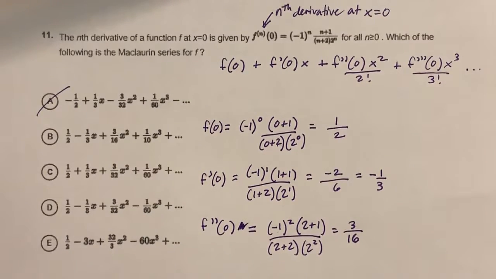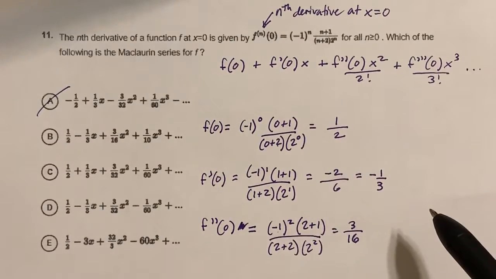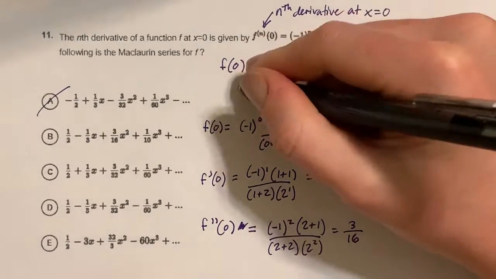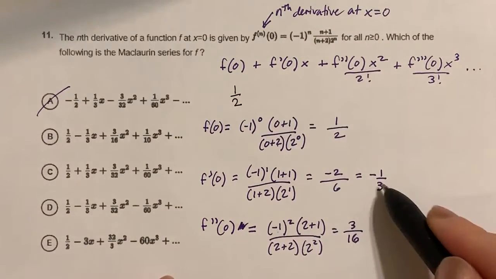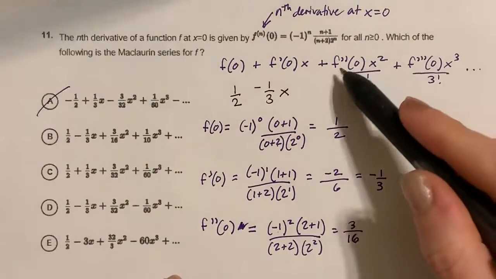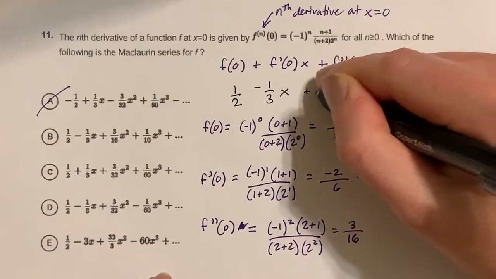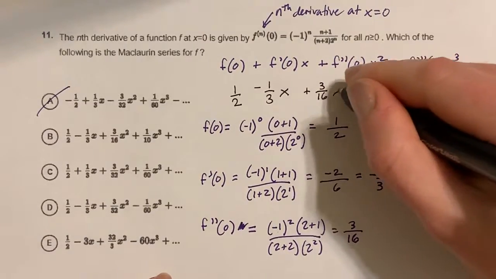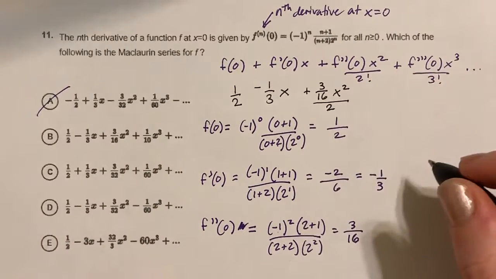That should probably be enough to use my formula. So, I'll switch colors here so you can see better. I'm going to plug these numbers into my formula. F of 0, I got 1/2. Plus f prime of 0, so it's actually minus 1/3 x. F double prime of 0 was 3/16, so plus 3/16 x squared divided by 2 factorial, which is 2.